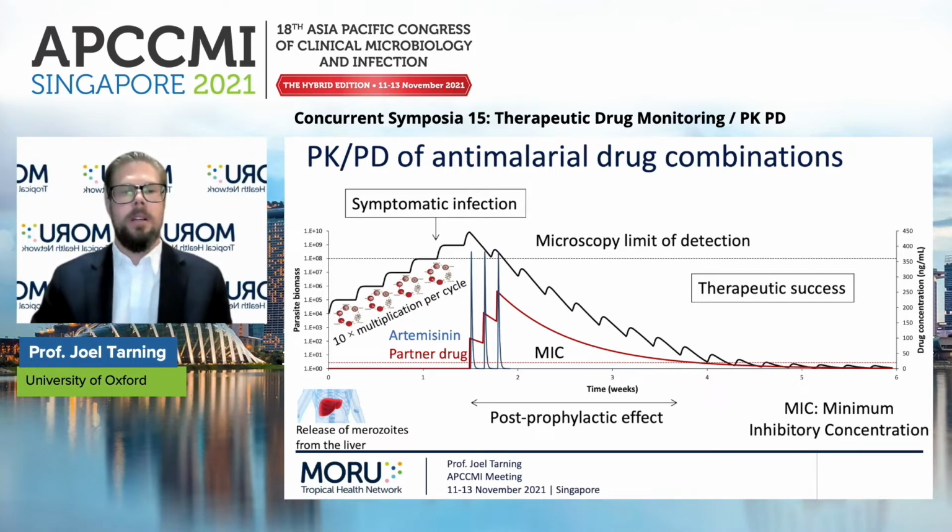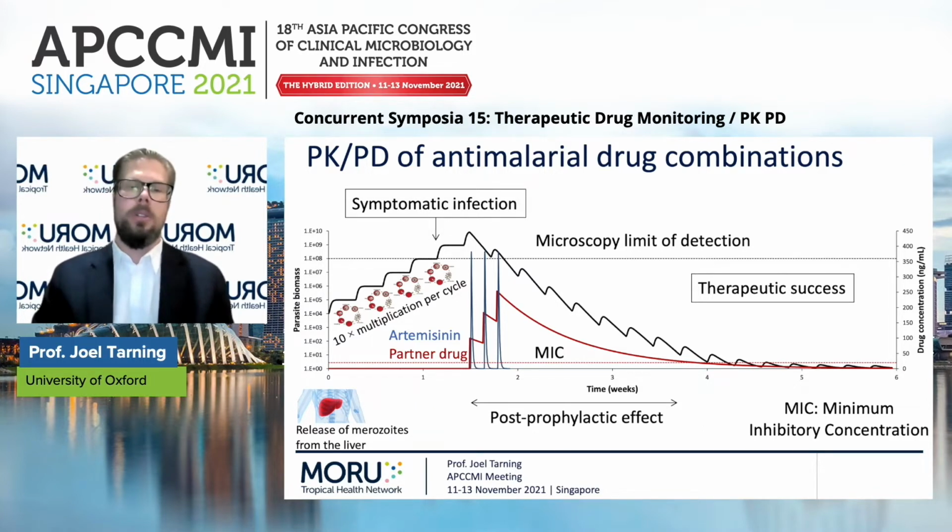These enter the bloodstream and then invade the red blood cells. Within red blood cells, we have a 10-fold multiplication per cycle, leading to this burst of new parasites in the bloodstream. And this leads eventually to a symptomatic infection, and that coincides with a microscopy limit of detection for parasites at about 10 to the 8 parasites.